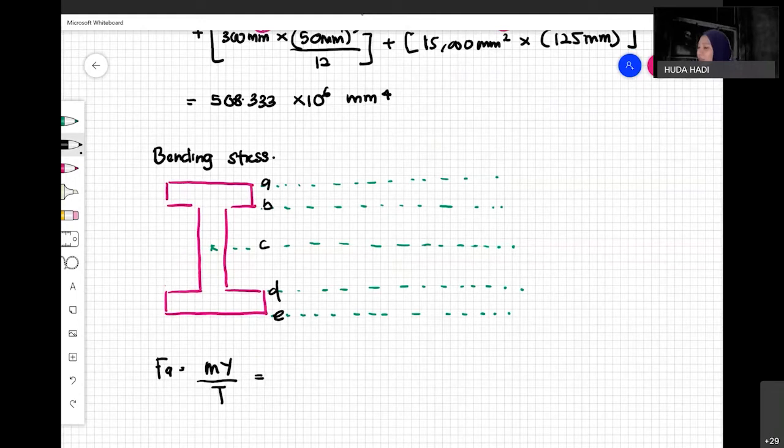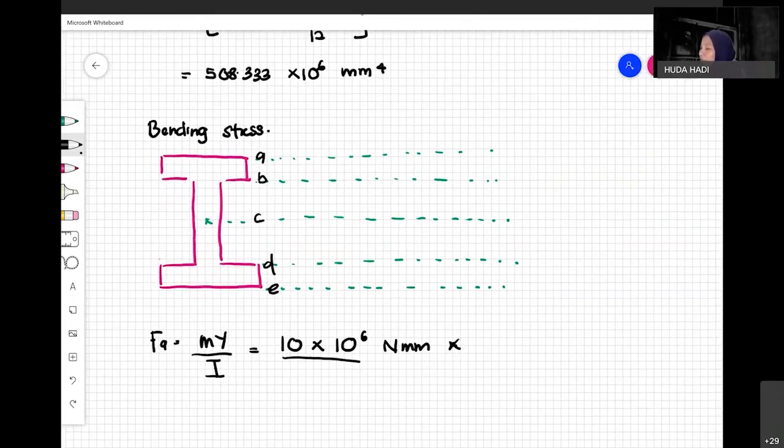The maximum bending moment given in the question is 10 kilonewton meter. So you convert to newton meter, multiply by 10 to the power of 6, multiplied by 1000 and so on. And multiply with the value of Y. The value of Y, I leave it first.